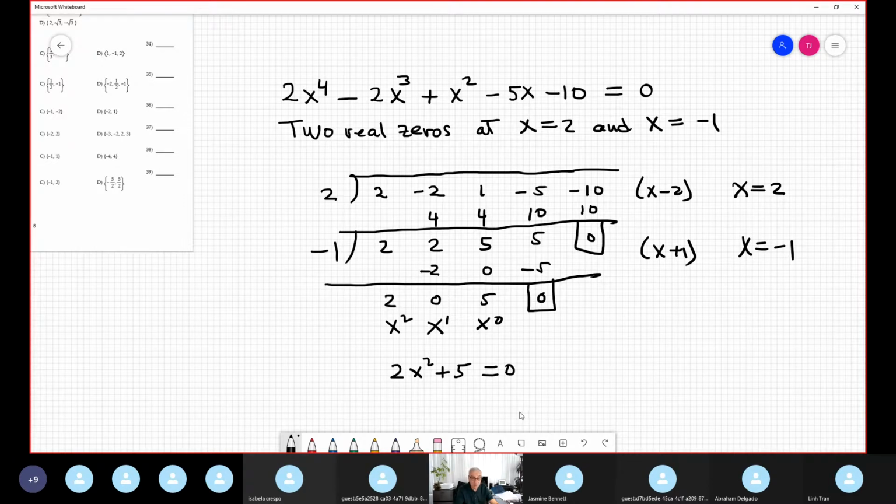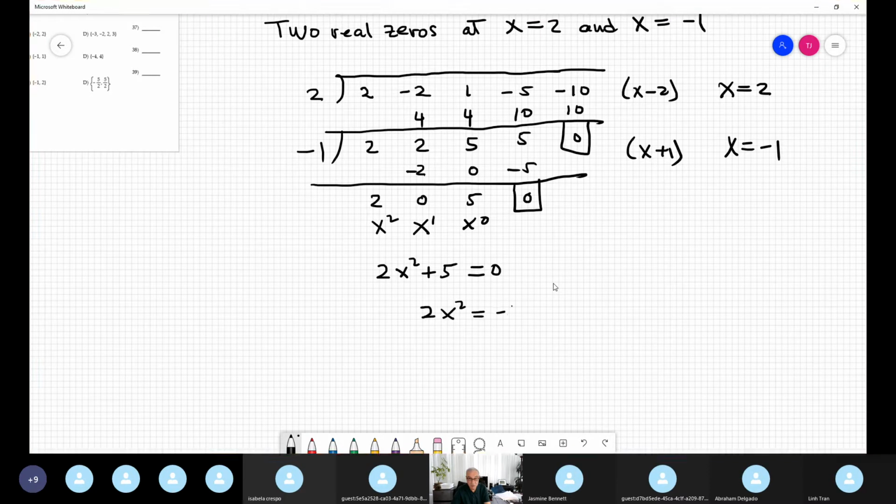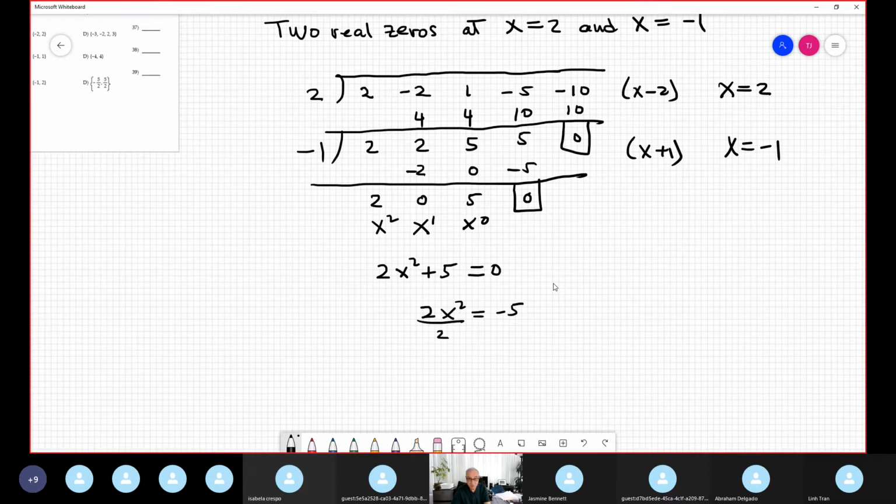You can verify using b squared minus 4ac, of course. b is missing, b is 0, a is 2. But in my opinion, it's easy solving the equation, no? 2x squared equal negative 5, divided by 2. x squared is equal to minus 5 over 2. And apply square root to both sides.